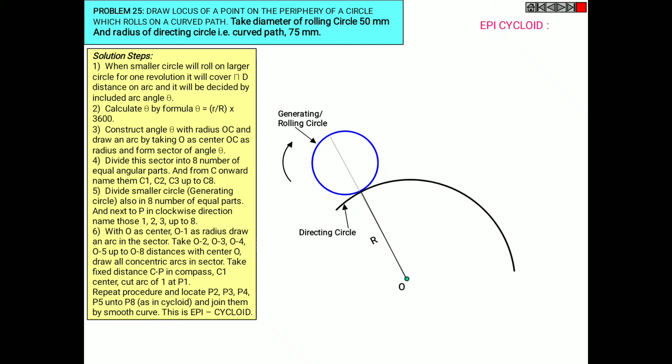So now divide this circle into 8 equal parts and mention the points in the clockwise order as 1, 2, 3 and so on up to 8. The 8th part is denoted as P, where this point has to be on the periphery of the circle which has to roll on a circle.